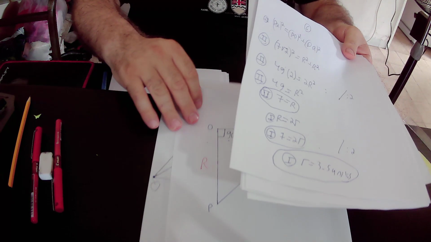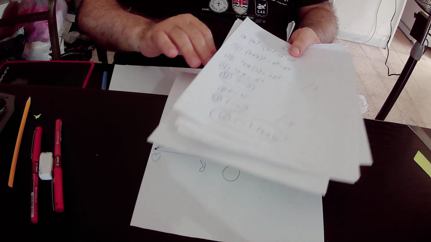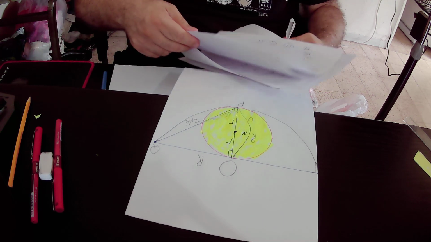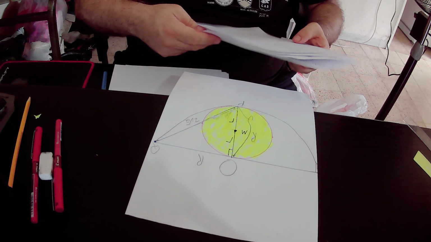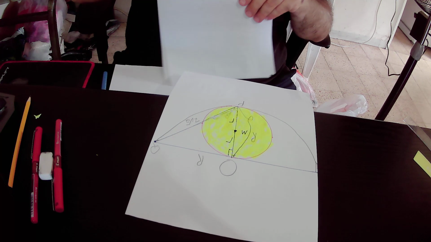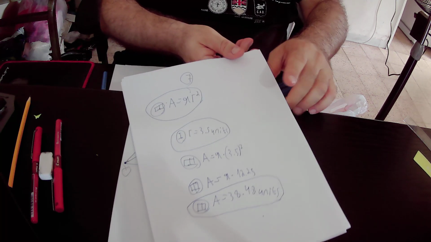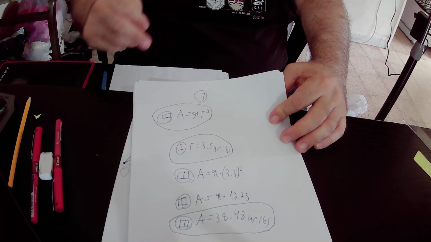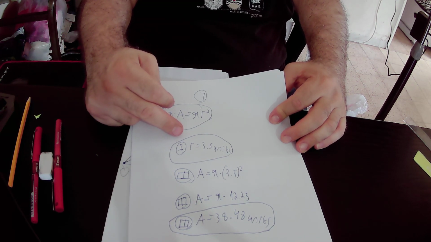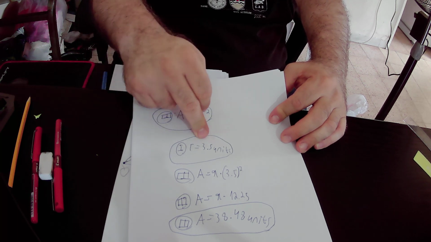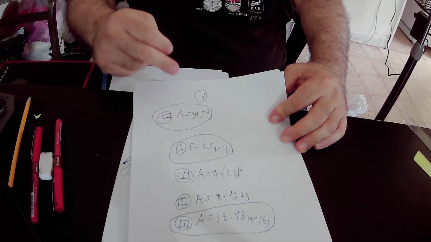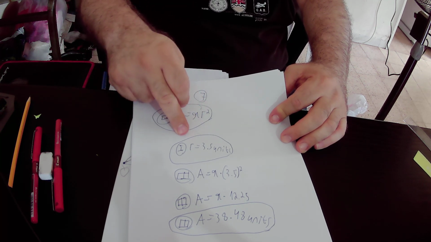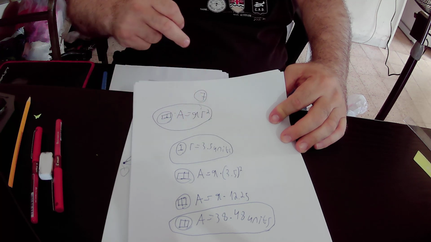And after we know that the radius of the yellow circle equals 3.5 units, it is very easy to find out the area of that circle, because the area of any circle equals pi times the radius squared. So we can substitute R by 3.5 units.